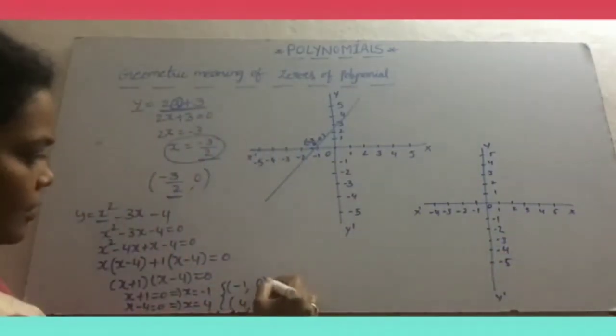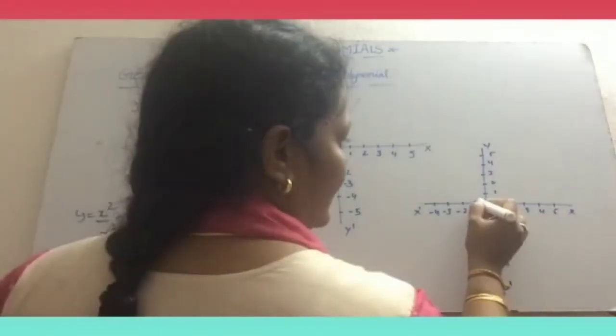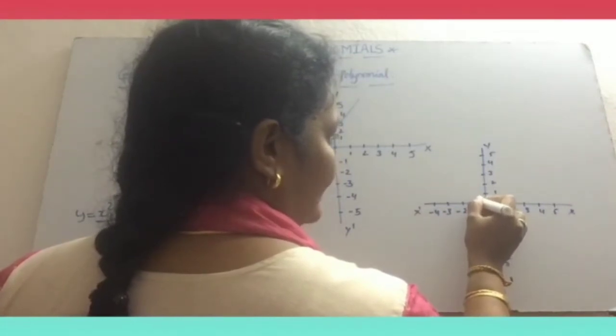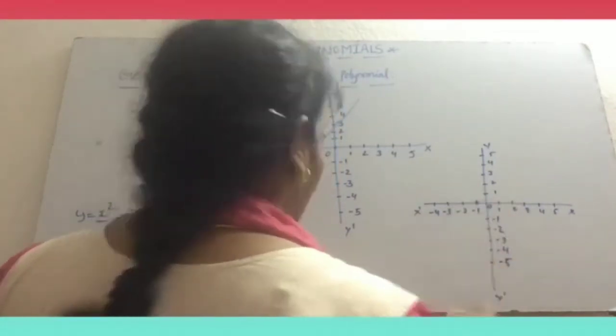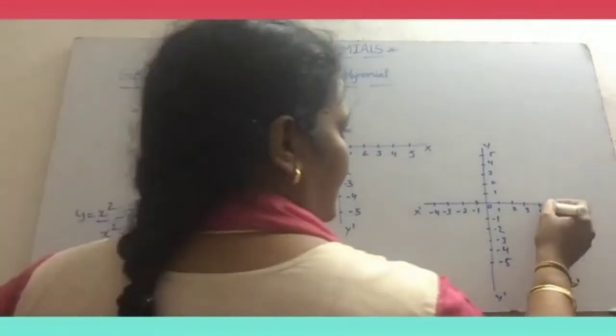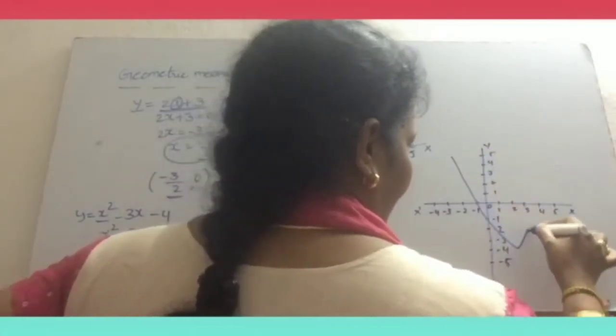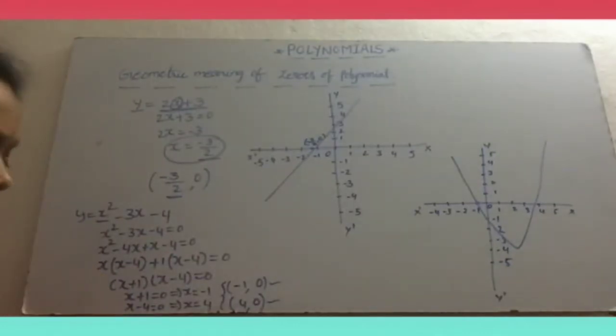So we observe minus 1 comma 0, y axis is 0, so this is the point. And next, 4 comma 0. So here 4 and 0. We will plot, and we will get the parabola.